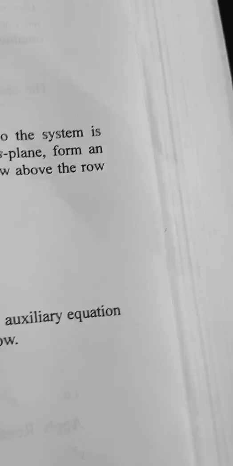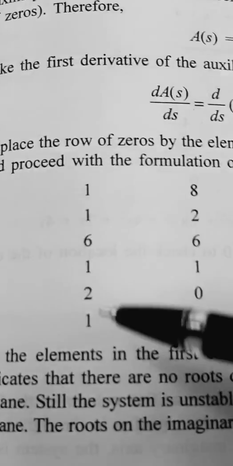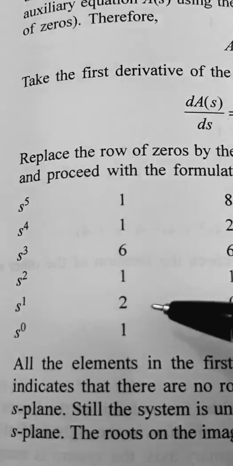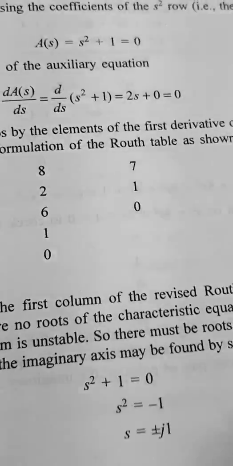So now in our example, we can see that all are positive. It indicates that there won't be any roots on the right half of the S plane, but there may be roots on the imaginary axis.